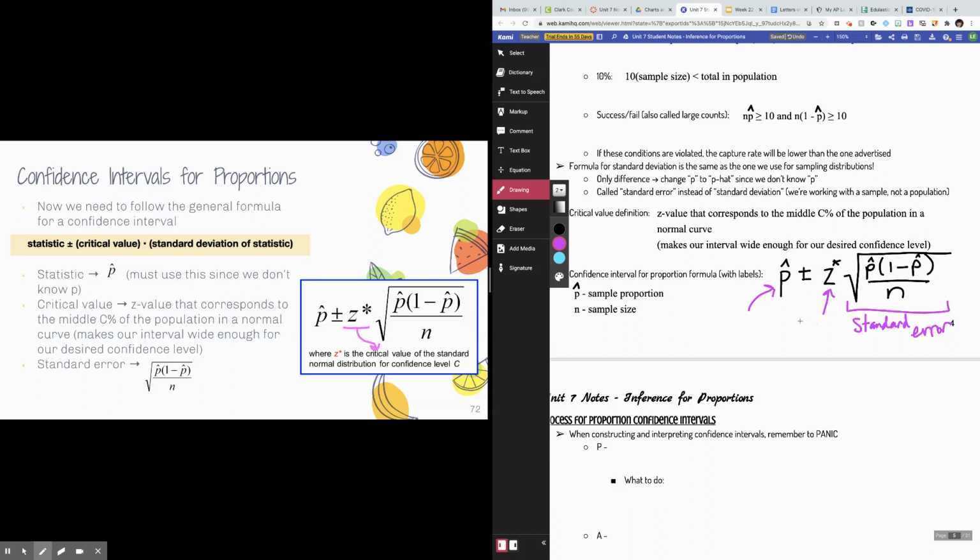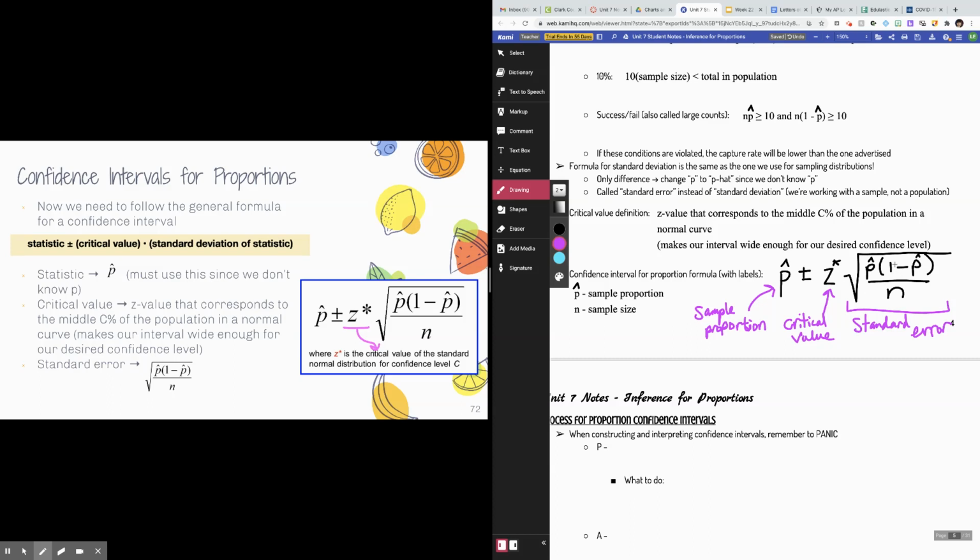Okay, z star is your critical value. Okay, and p hat is your sample proportion. Okay, and then remember, all of this that's past the plus minus sign is your margin of error.